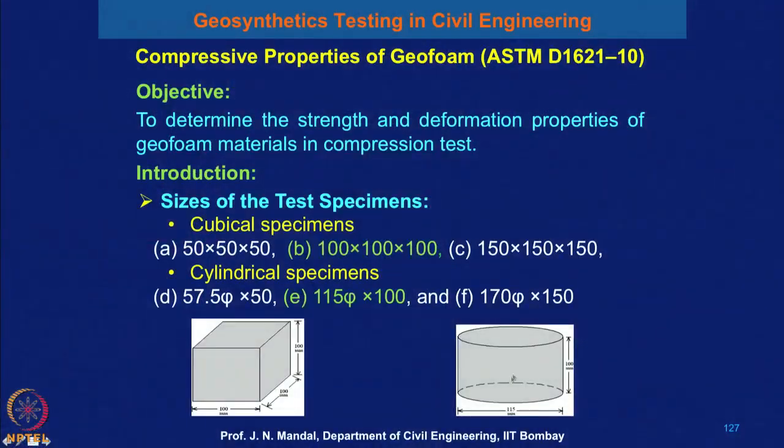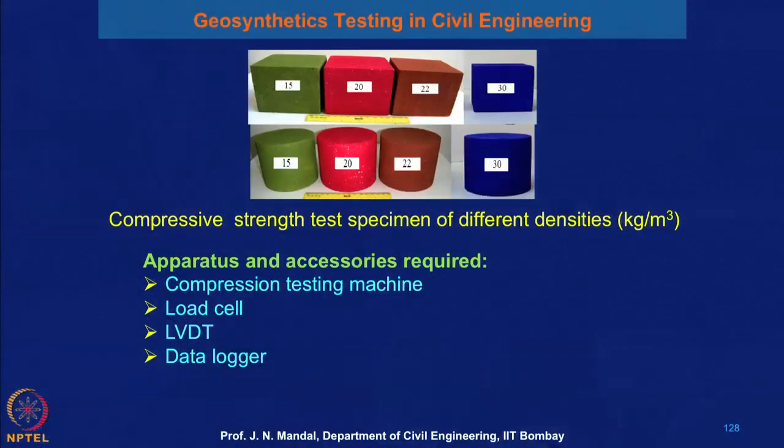Here I am just showing two samples: this is cubical, and this is cylindrical. The cubical is 50, 50, 50 or 100, 100, 100, and the cylindrical may be 57.5 or 50. So, this is the defined type of sample. Here the compressive strength of the specimen for different densities is shown.